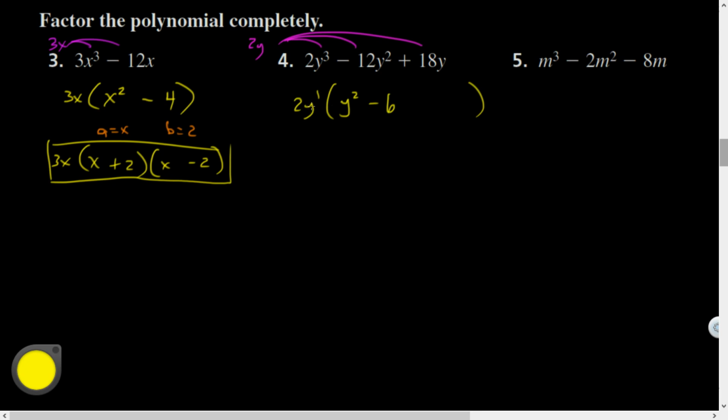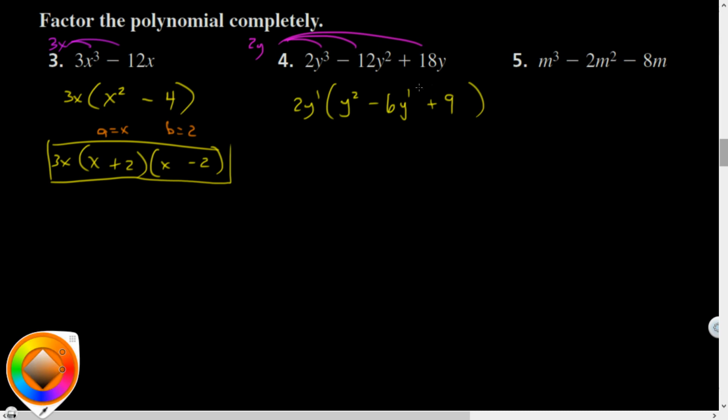But I've got a y to the first here. How am I going to get that to be a y to the second? Yeah, I need another y to the first because 1 plus 1 is 2. Okay? And 2 times what is 18? 9. And I already have my y, so I don't need any more. No y's for you, but also no x's.